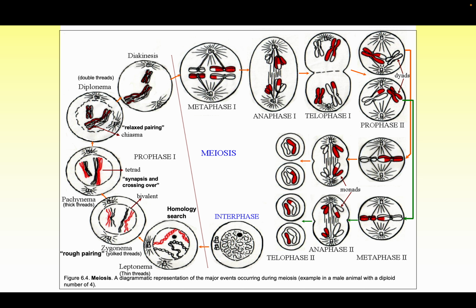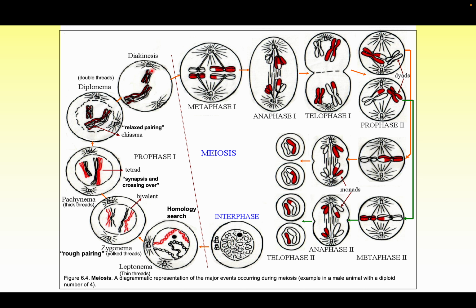So, to enumerate, the prophase 1 of meiosis 1 has several stages. There's the leptonema stage, the zygonema stage, the pachinema stage, the diplonema stage, and diakinesis. Okay, so let's take a look at some of the key events.